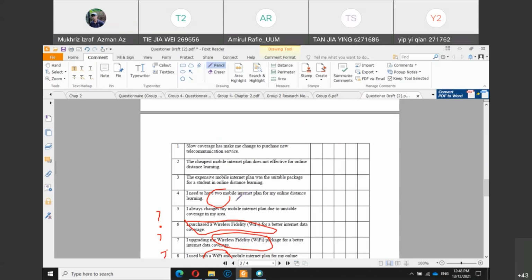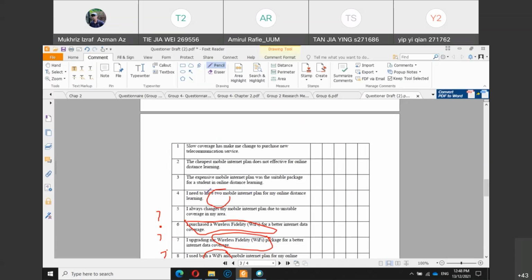Because you are creating questions based on your own experience, not based on literature. That's why when we create questions, they must be based on literature, past studies, theory, and other people's journals and work. What are the common questions that people ask? That's why we call it an academic study.